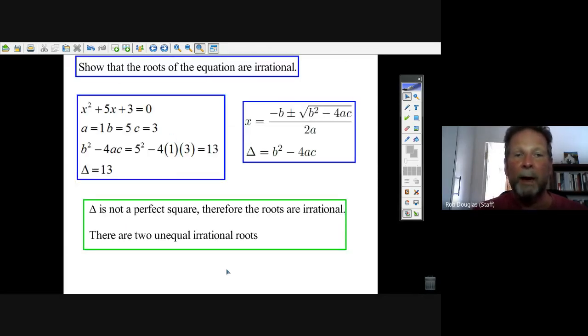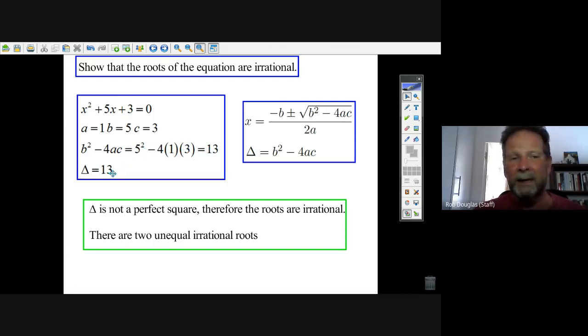Okay, let's look at how we do this now. We want to show that the roots of an equation are irrational. Well, all you do is write down the quadratic equation, make sure it's in standard form. A is 1, B is 5, C is 3. Then do the b squared minus 4ac. So it's 5 squared minus 4 times 1 times 3. 25 minus 12 is 13.